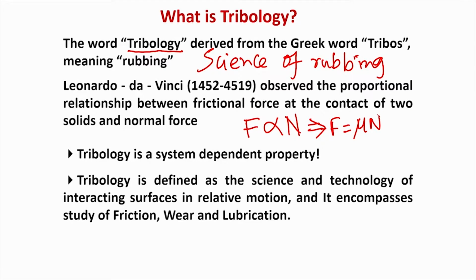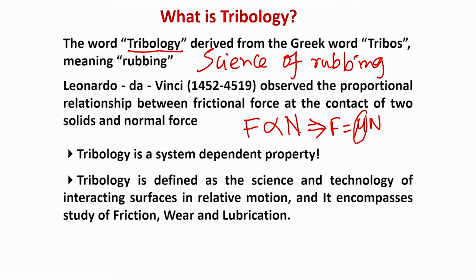We will come back to these equations later when I teach the theory of friction, but at this point it is just important to know that μ is the coefficient of friction, capital F is the frictional force and capital N is the normal load.